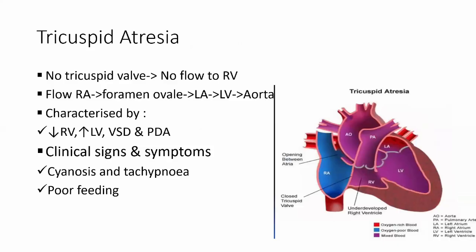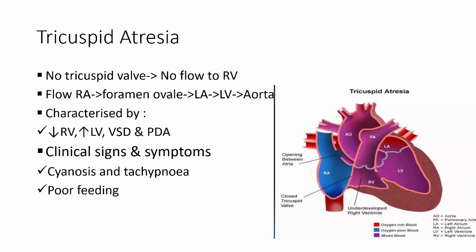And the next one is tricuspid atresia. In tricuspid atresia, the tricuspid valve and a portion of the RV sometimes may not exist, so it may be hypoplastic.